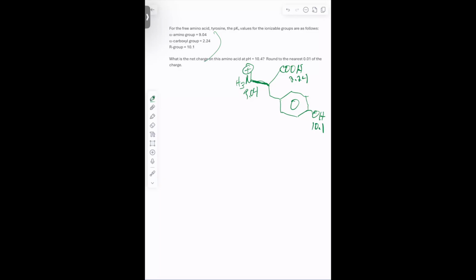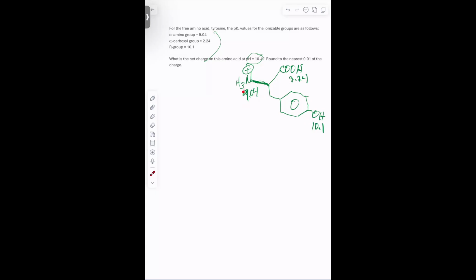All right, so the first thing I'm going to do is get a sense of where my pH is, because I wanted to know what is the net charge on this amino acid at pH 10.4. At pH 10.4, I can look through right away and begin roughing out what I'm going to expect.